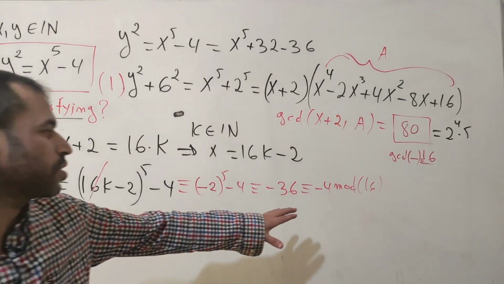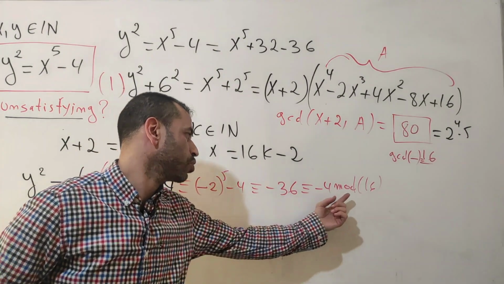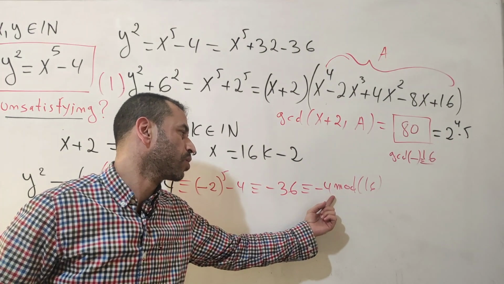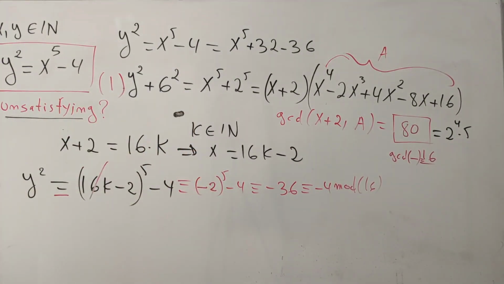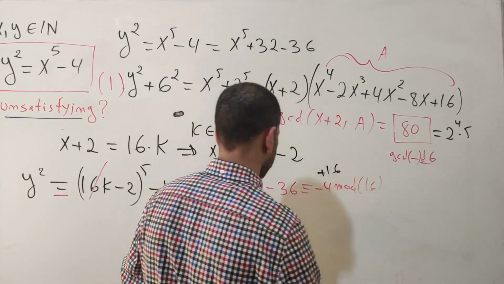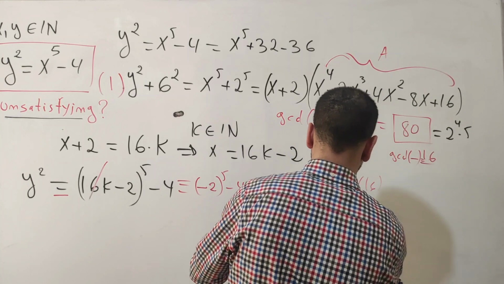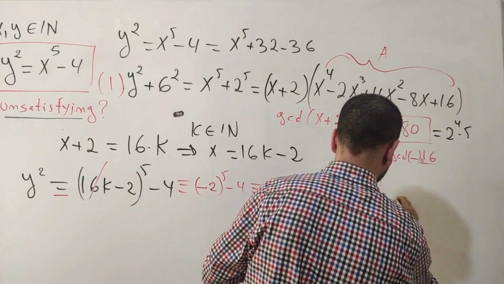Now I get a remainder minus 4, because 16 divides 36, keeping remainder 4. So what to do, I'm going to add 16 on both sides. So I will have here congruent to 12 mod 16.